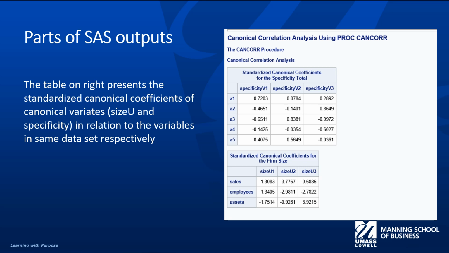The table below is the second variate in terms of firm size, and we can see the size U1 has rather stable coefficients with the 3 firm size variables.